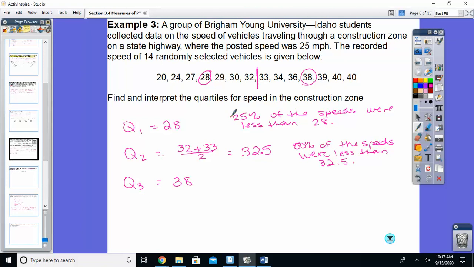Let's put in the original 14 values. So you go to Stat, Edit. We are going to put these in our L1. Just do the first 14 to begin with.